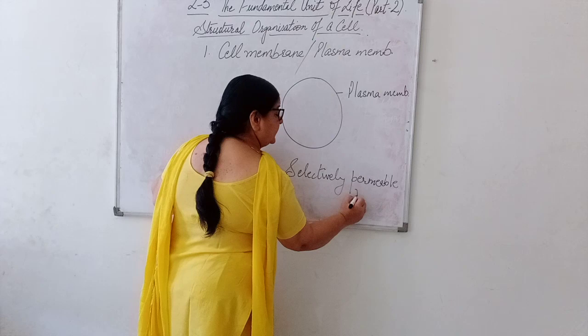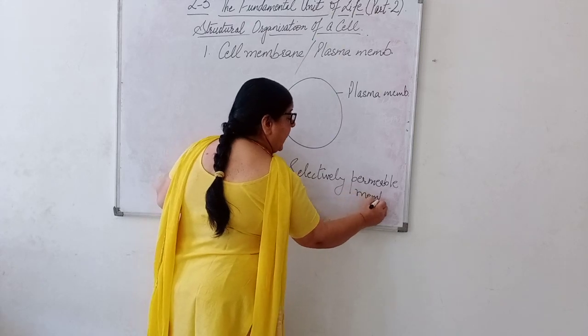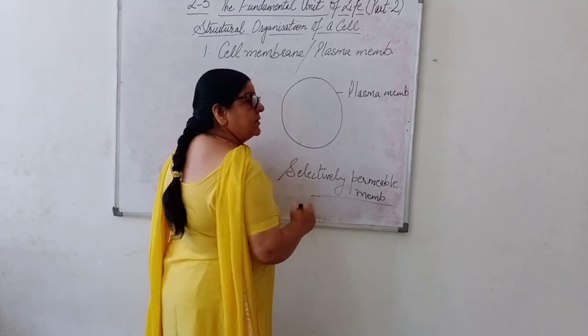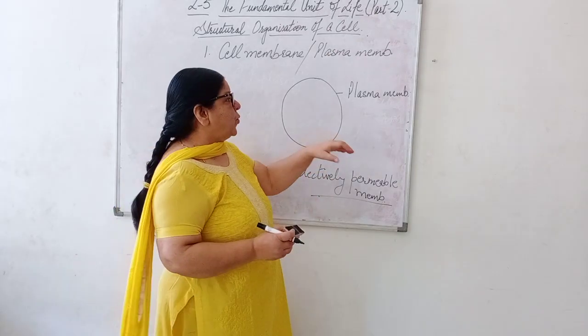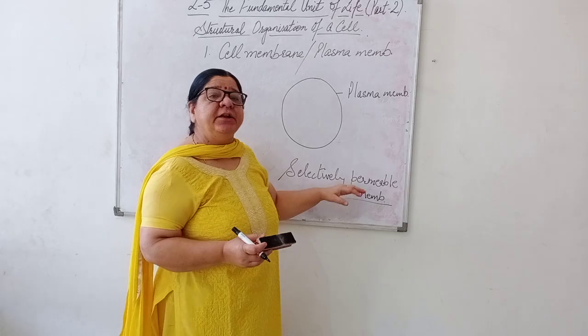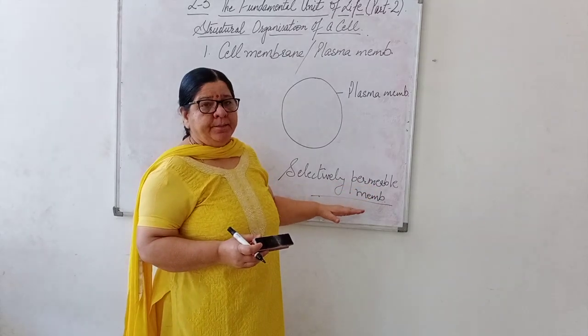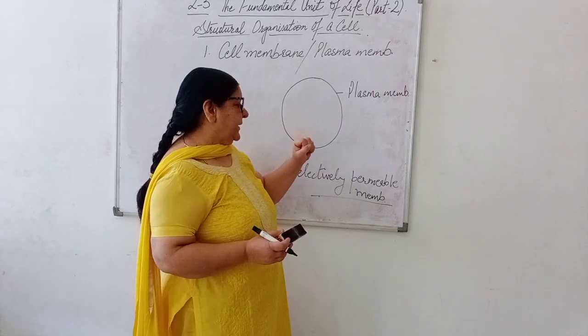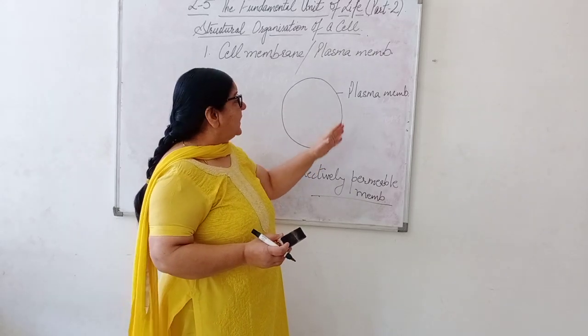Right? So this is a selectively permeable membrane, and this is a very important question also, that why plasma membrane is known to be selectively permeable. Now, why selectively permeable? What is the answer to it?